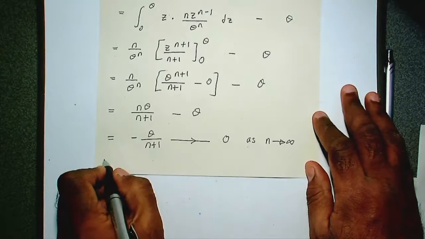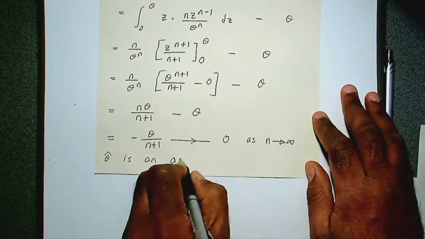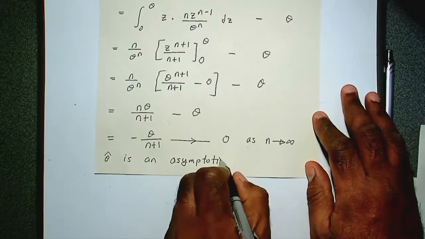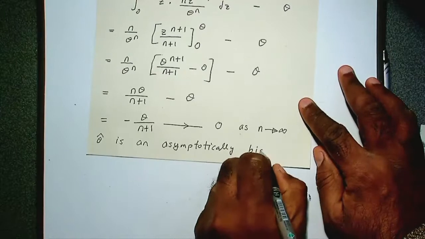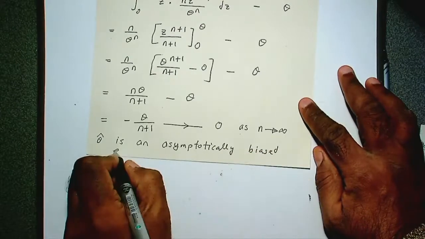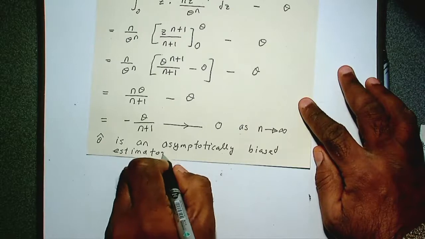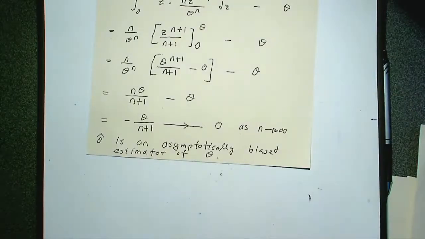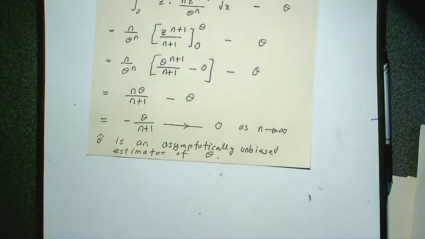So theta hat is an asymptotically unbiased estimator of theta.